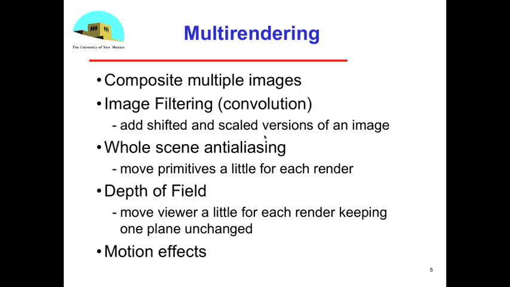So we introduced a little bit of anti-aliasing in the last lecture. One technique is called whole scene anti-aliasing, and this is developed a little more in the text. The idea is that if I draw the line once, it may get the jaggies and be aliased. But what if I change something a little bit, the viewing, or jiggle, or jitter it as it's called, in the scene a little bit?